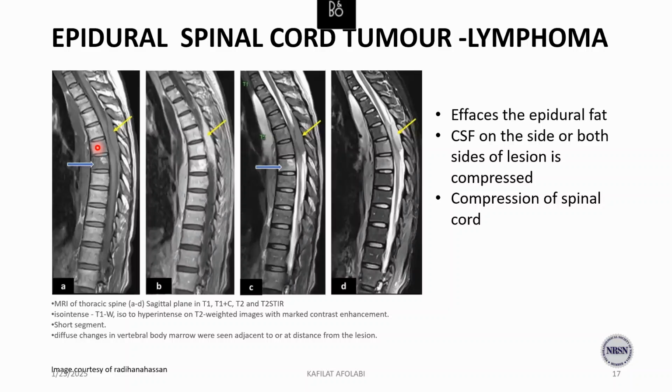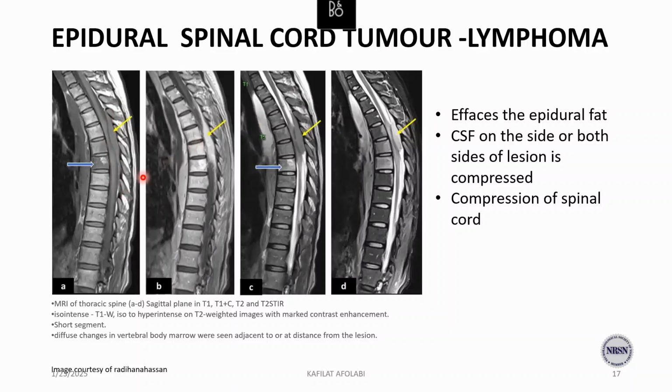So the three key features you should look out for when trying to localize an epidural lesion are effacement of epidural fat, compression of the CSF space on the side of the lesion, and compression of the spinal cord. Depending on the size of the lesion, it may or may not compress the cord, but the other two findings are almost always constant.